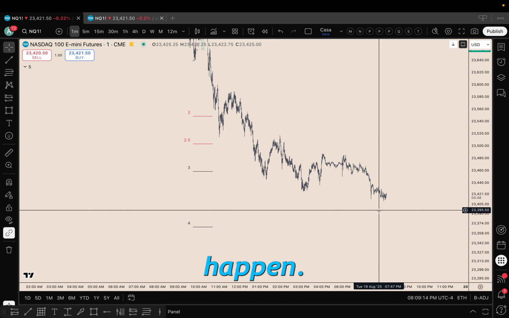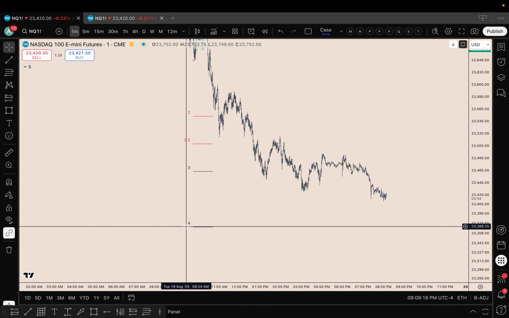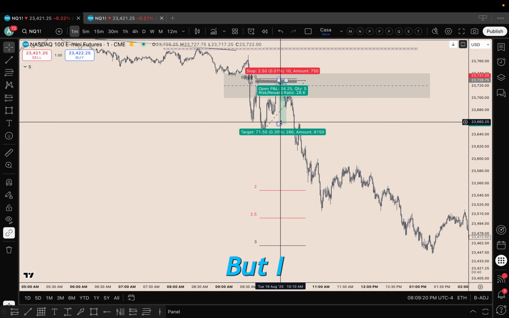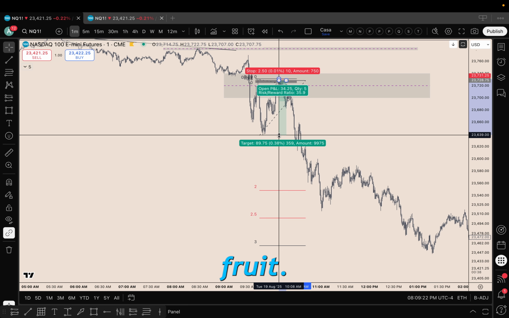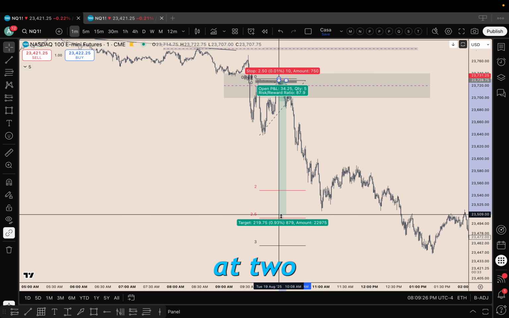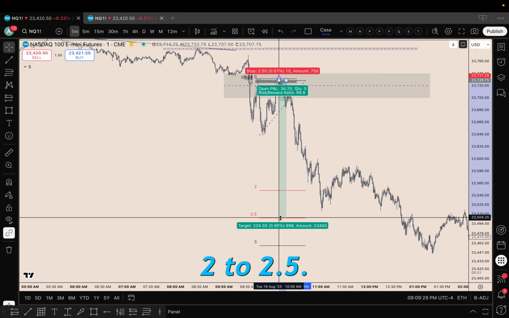What do you guys think is going to happen? Most likely going to hit this 4th deviation, right? But I personally always target low-hanging fruit. So this would have been my first take profit. Second take profit would have been a 2. And the 2 to 2.5.